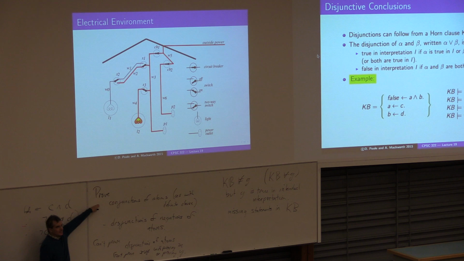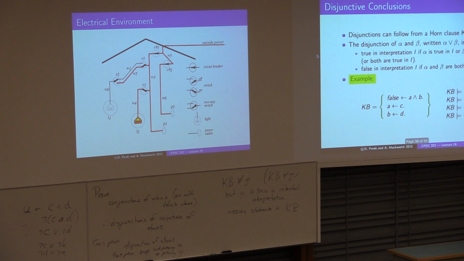Okay, so we can now prove these things in here. So what I'd like to do is, if you look at this, you'll find there is lots of different answers in here.